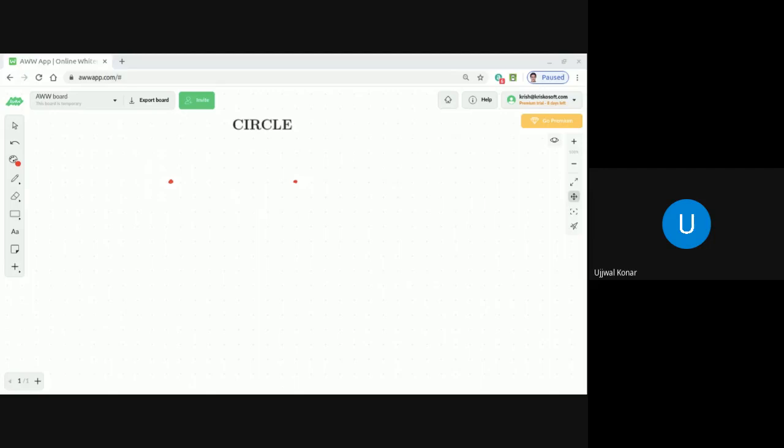So this is the marble, and this is the point about which rotation takes place.